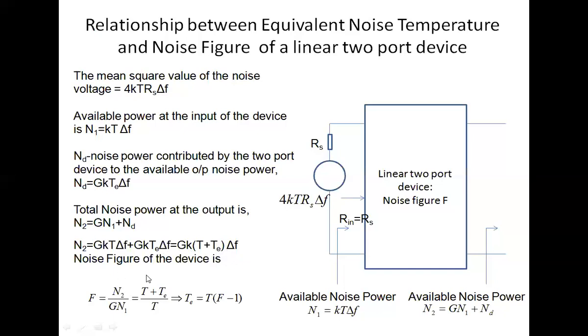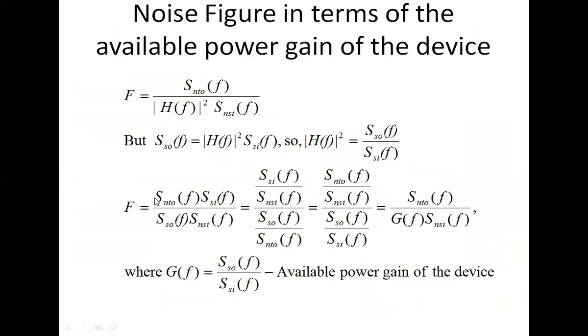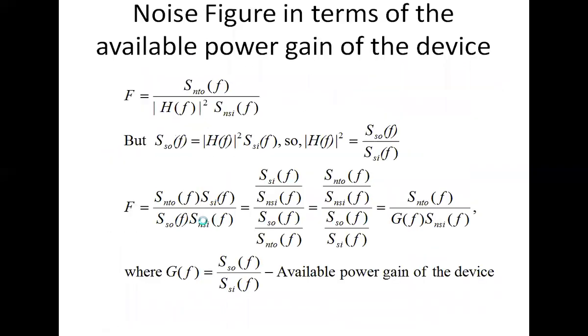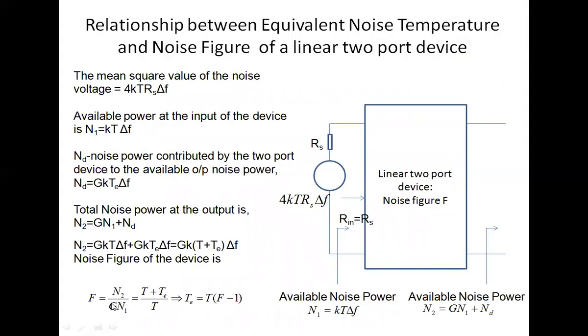We already defined the noise figure of the device as F equal to the total noise power at the output divided by the total noise at the output due to the source only. So the total is N2, divided by the part due to the source, G N1, because ND was due to the device.